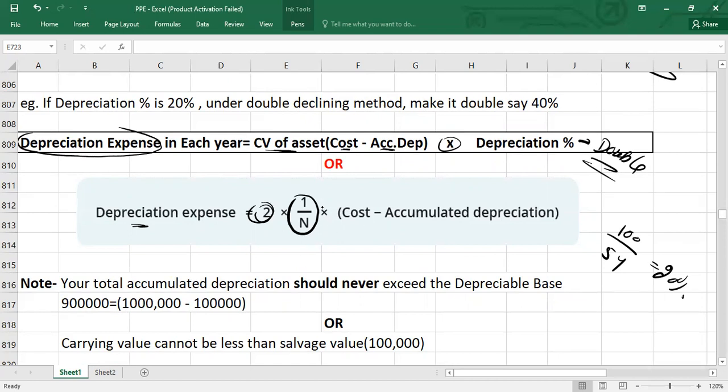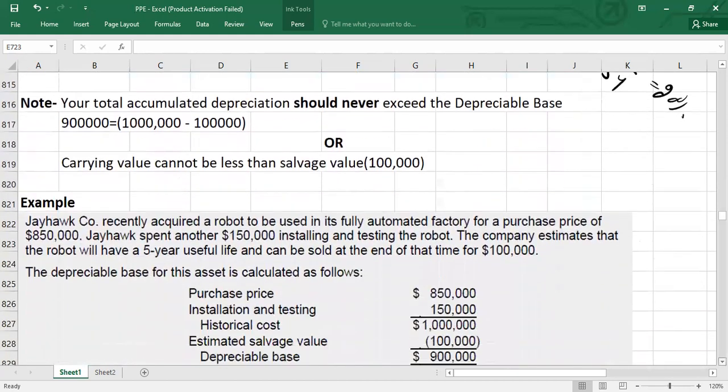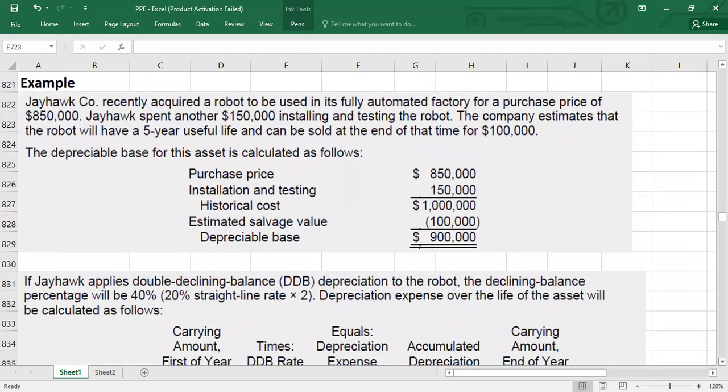Then you multiply with the carrying value of the asset, which is equal to cost minus accumulated depreciation. It's the same formula which we wrote here, just in a different way. Now let's have a look with the help of an example, and see how to depreciate it. So here we go. We have the same data.